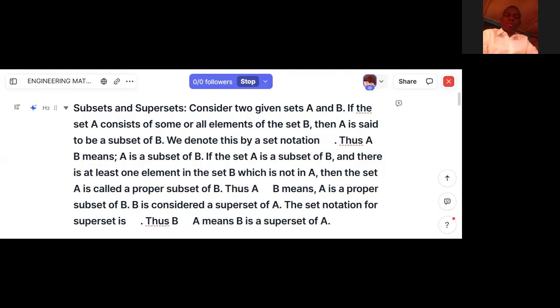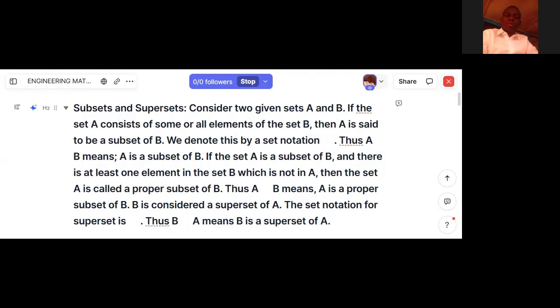If a set A contains some or all elements of set B, then A is said to be a subset of B. We denote subsets by a set notation. There you have a long C with a dash under it. That's the notation for subsets.